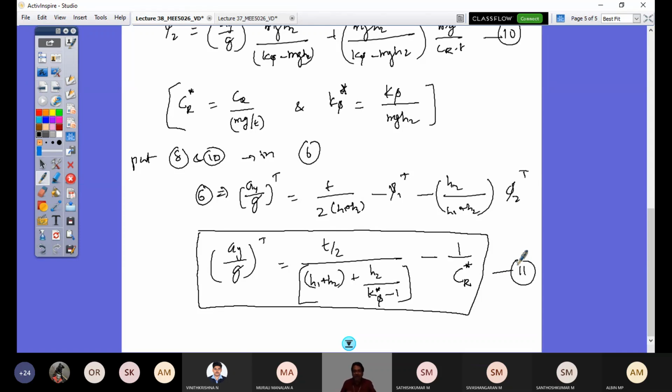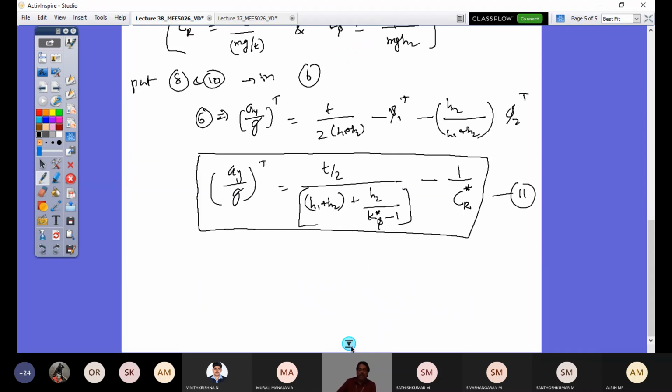So what is the use of this equation? Suppose I have data given for a vehicle, for a truck, say the load is given and the tire stiffness is given, the track t value is known, h1 value, what is the roll center height from the ground, is known, h2 value is known, that is from roll center to CG location, all are known. You can determine the roll stiffness value, optimum value of k phi can be obtained. That's what is the design of the suspension spring.